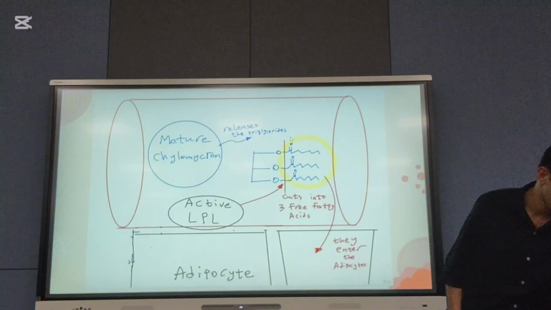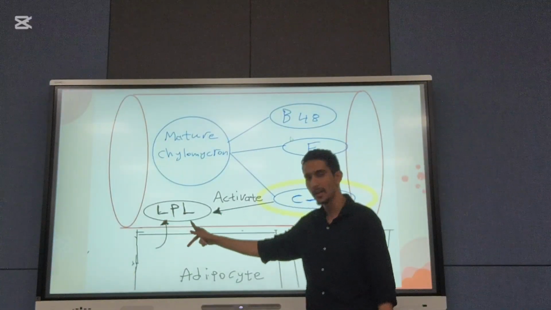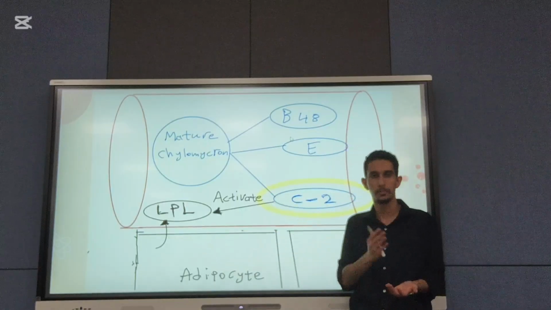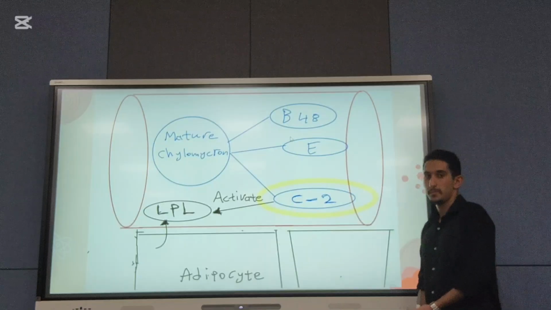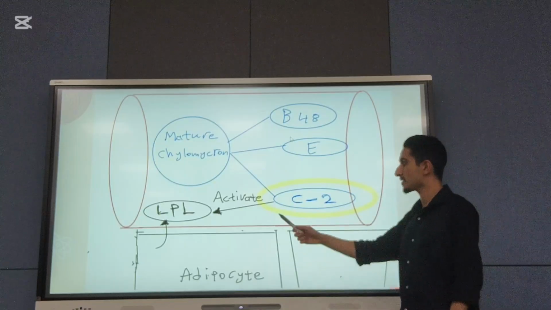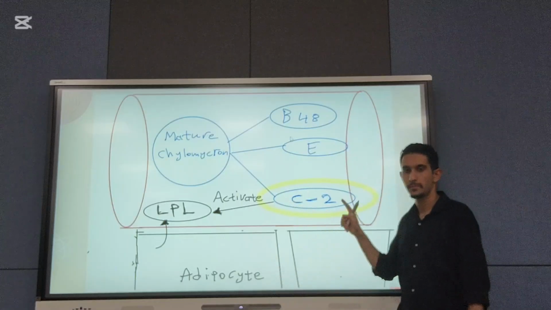I'll go back to the previous slide. Here we go back to this LPL, lipoprotein lipase, which is responsible for breaking down the triglyceride into 3 fatty acids. Which apoprotein activates this LPL? It's apoprotein C2.